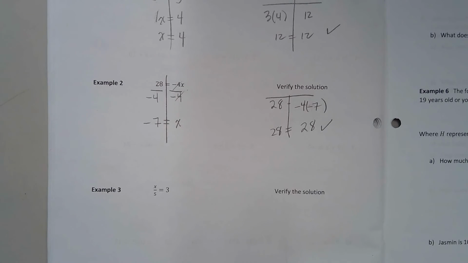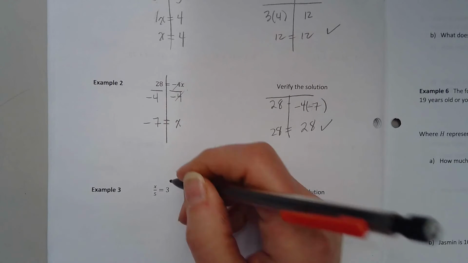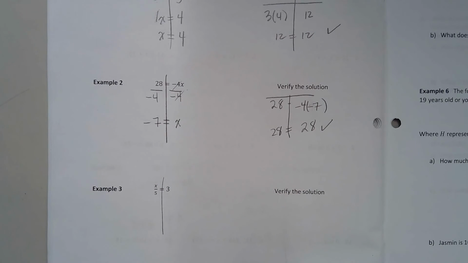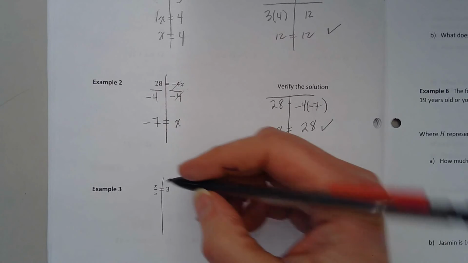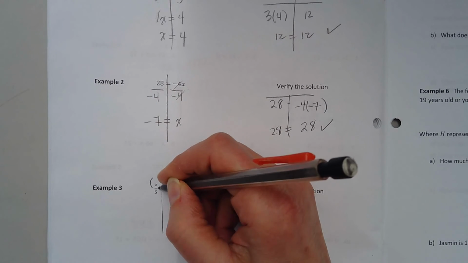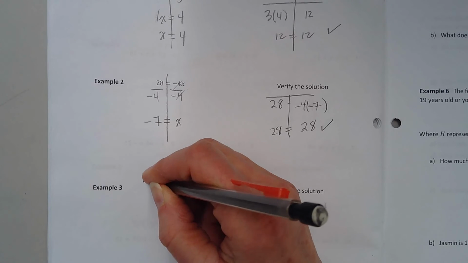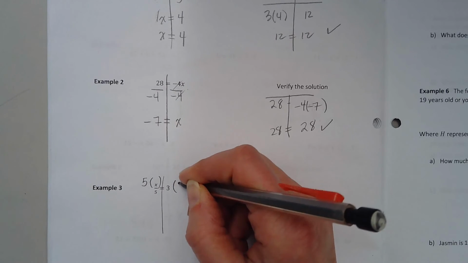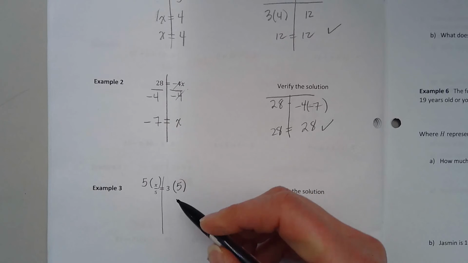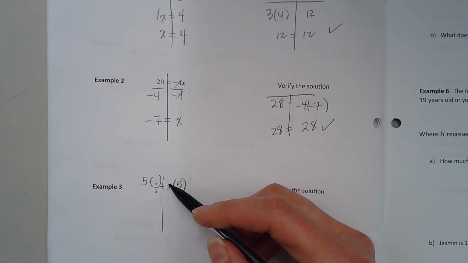X divided by 5 equals 3. My x is on the left-hand side this time. The opposite of division is multiply. So I'm going to show my multiplication with brackets. And notice where the multiplication goes, it goes up top, right?